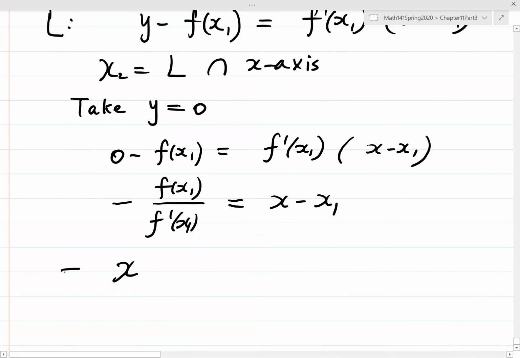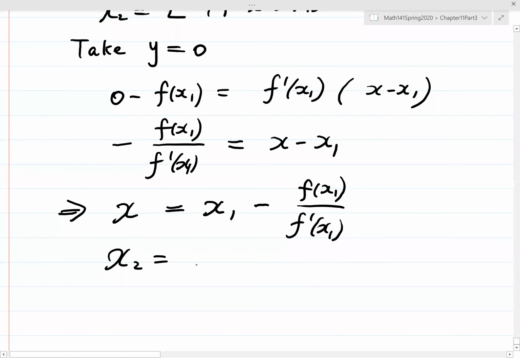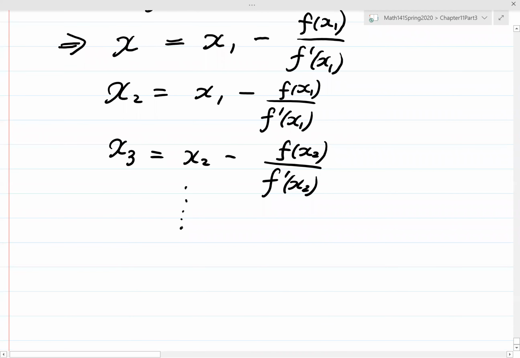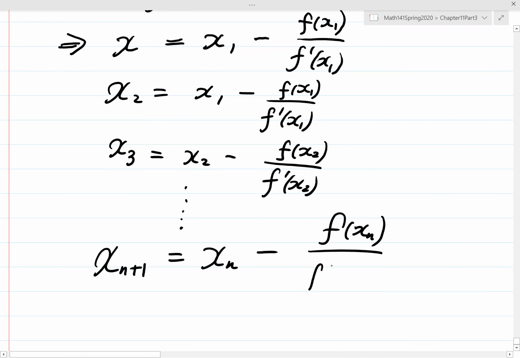The solution is exactly x2: x2 is x1 minus f(x1) over f'(x1). Similarly, x3 is x2 minus f(x2) over f'(x2). So in general, x_{n+1} is xn minus f(xn) over f'(xn).